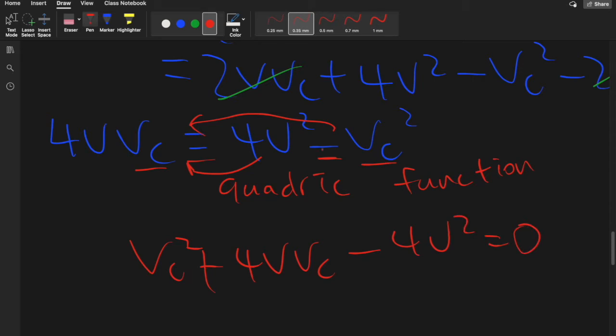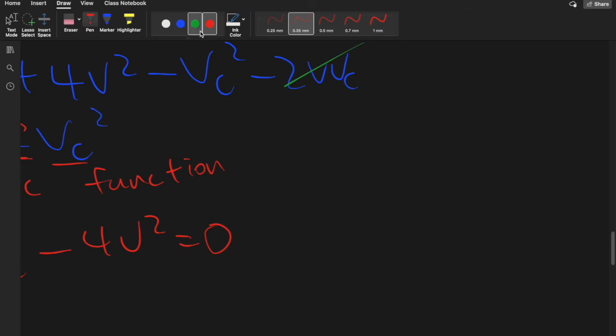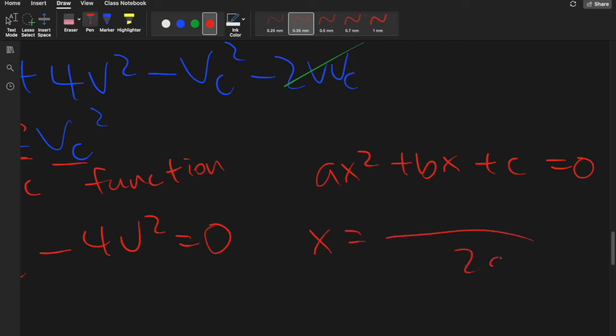So now this has become a quadratic equation. Just in case you forget what a quadratic equation is, ax squared plus bx plus c is equal to 0, and c is a constant. So x can be solved by the formula negative b plus or minus the square root of b squared minus 4ac, over 2a, right?